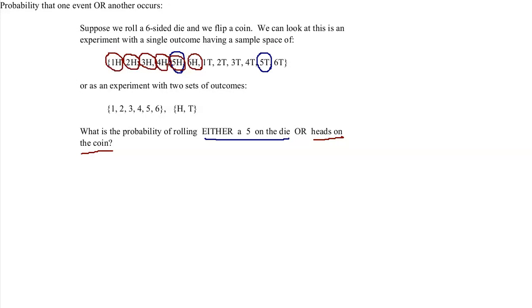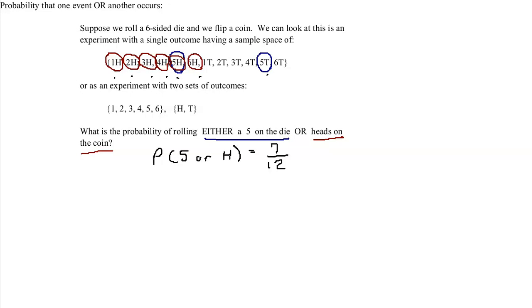So out of these 12 possible outcomes, how many of them involve the 5 or the heads? Well, there's 1, 2, 3, 4, 5, 6, 7. So the probability of 5 or heads equals 7 out of those 12 equally likely possibilities.